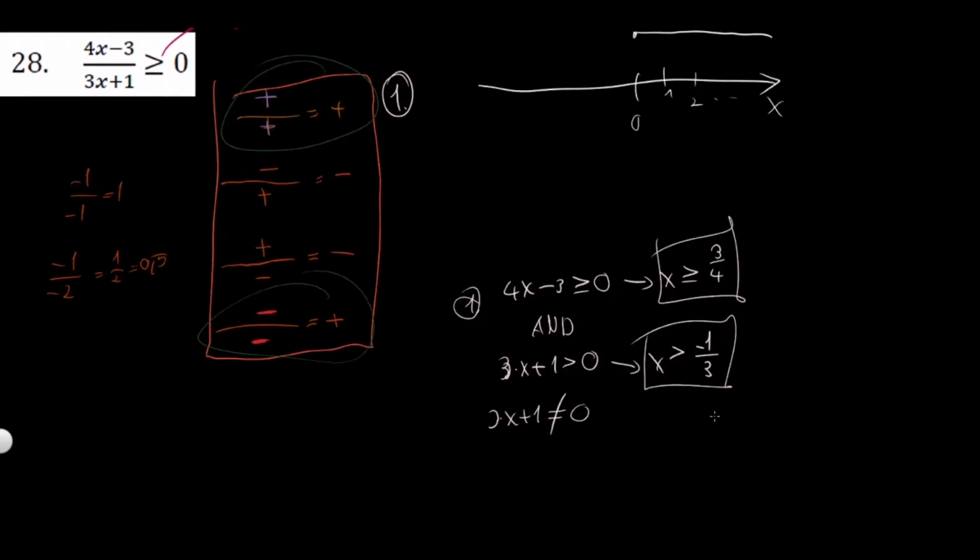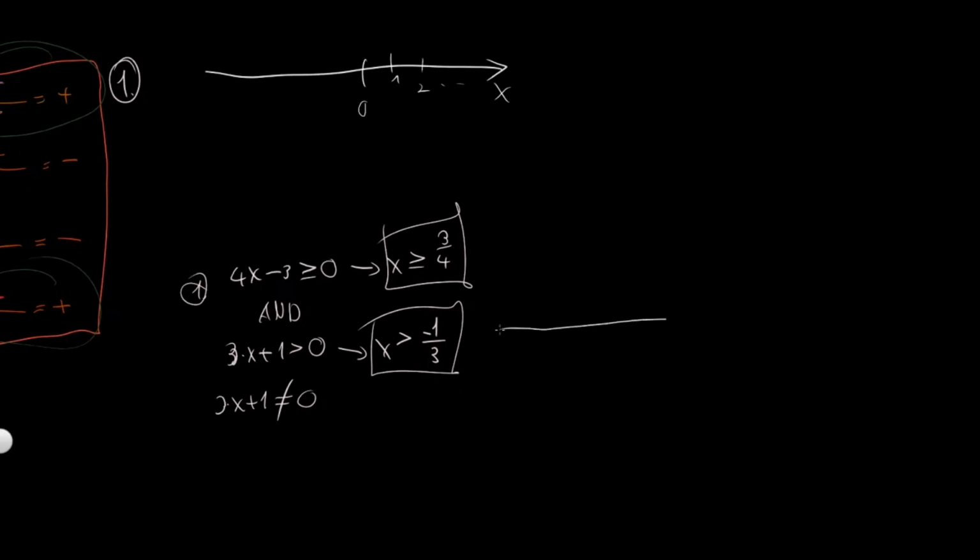So if you draw a number line for the first solution, -1/3 is somewhere here, 0 somewhere here. If 1 is here, then 3/4 is here, and it can be equal, it cannot be equal here, and these go like this.